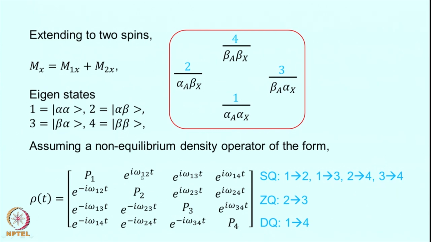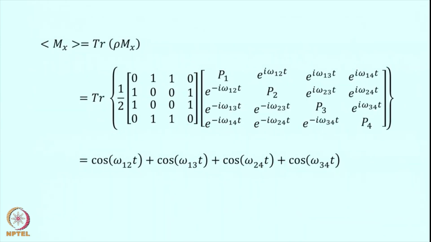So let us assume that we have a density operator, or the density matrix, which looks like this, and what are we going to get if we calculate the trace of mx with such a density operator? Now once again you recall what the Ix operator or the mx operator was for a 2 spin case. This mx operator was 0 1 1 0, 1 0 0 1, 1 0 0 1, 0 1 1 0.